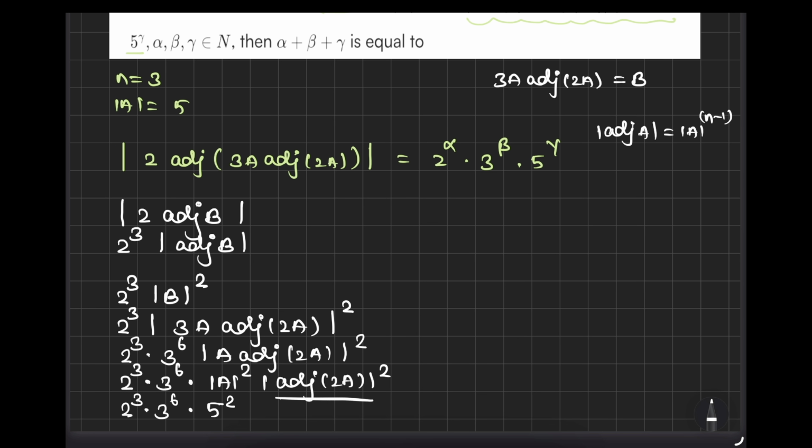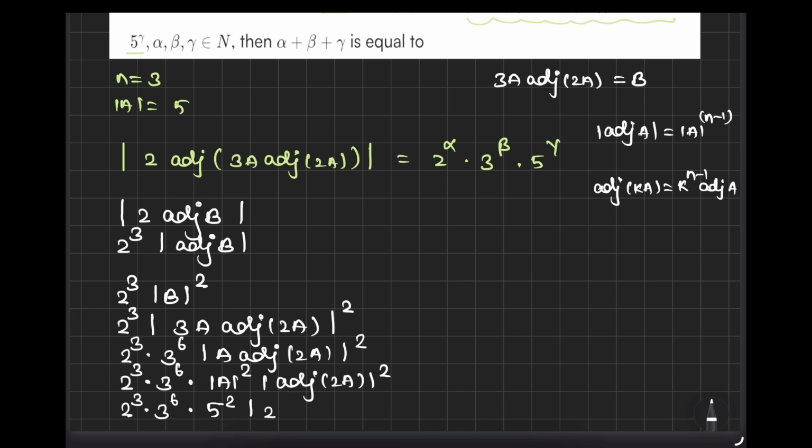Now determinant of this thing. So first I will take this 2 outside. You know this property that adjoint of k times A is equal to k to the power n minus 1 adjoint A. So this 2 will be outside here. So can I write down this thing as 2 to the power n minus 1? So it is 3.